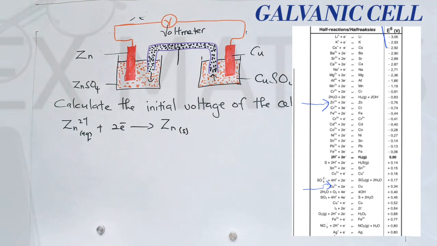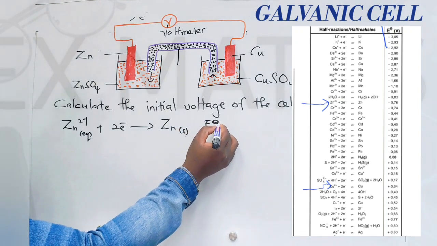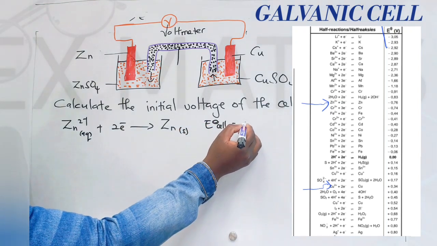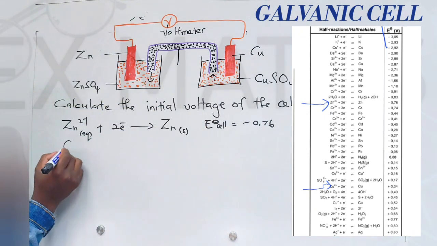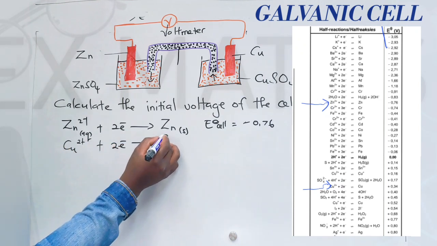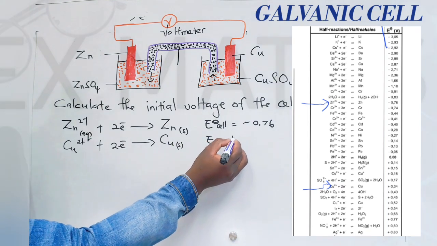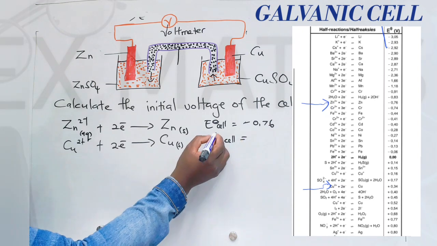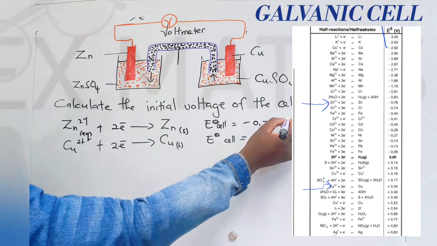Then you need to copy its cell potential, which is equal to minus 0.76. Then we also have the copper electrode. We copy Cu2+ plus 2 electrons forming Cu solid, with E cell equal to positive 0.34. These are volts.